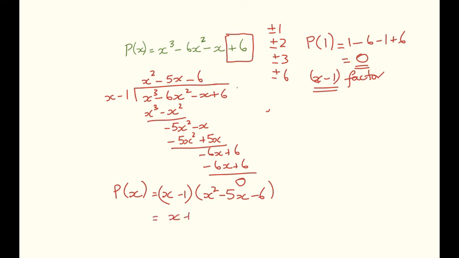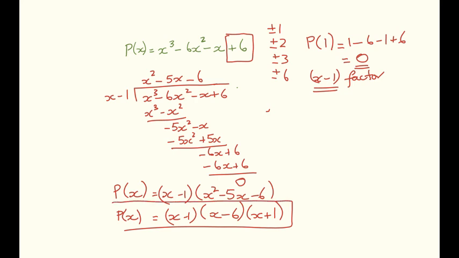And as we saw previously, that x squared minus 5x minus 6 is x minus 6 times x plus 1. So I've managed to fully factorise this polynomial, and I've found the 3 points where it cuts the axis.